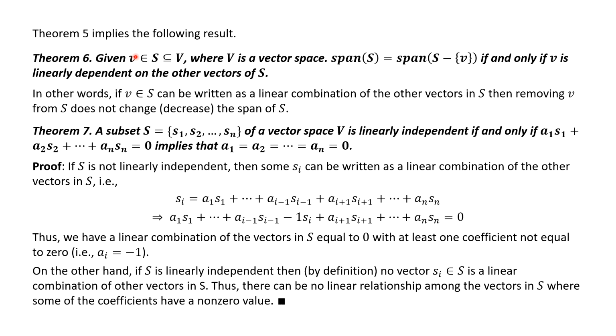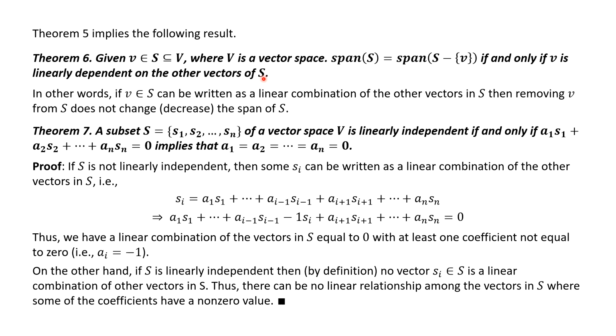We're given a vector v in a subset S of a vector space V, and the theorem says that the span of S equals the span of S with v removed from it, if and only if v is linearly dependent on the other vectors of S. So in other words, if you can write v as a linear combination of the other vectors in S, then removing it doesn't decrease the span of S. That seems almost self-evident.